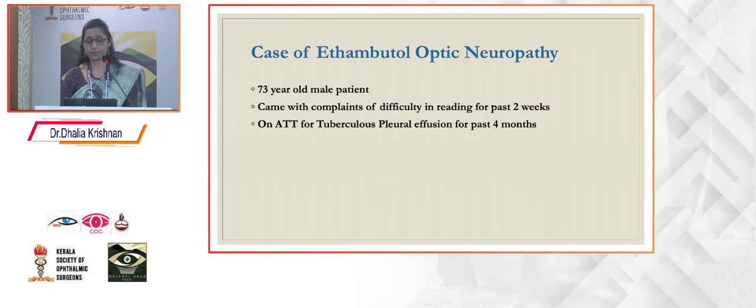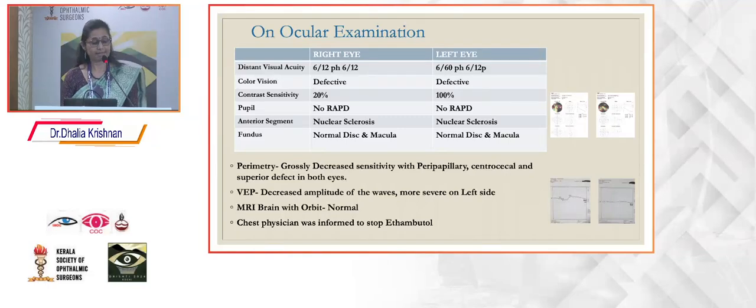Presenting a case of ethambutol optic neuropathy: a 73-year-old male patient came with difficulty in reading for the past 2 weeks, on ATT for tuberculous pleural effusion for the past 4 months. On examination, pinhole visual acuity was around 6/12 in both eyes with defective color vision and decreased contrast sensitivity. No RAPD, with nuclear cataract.